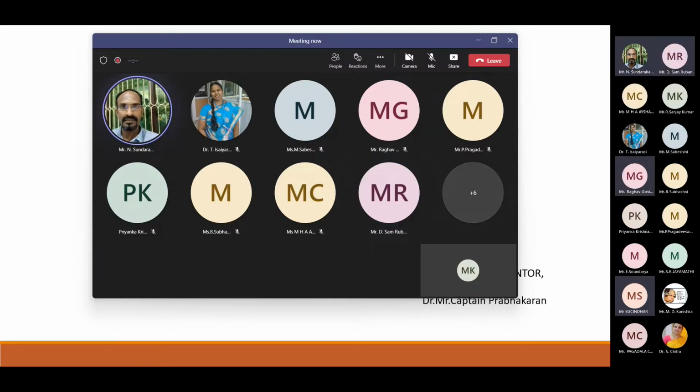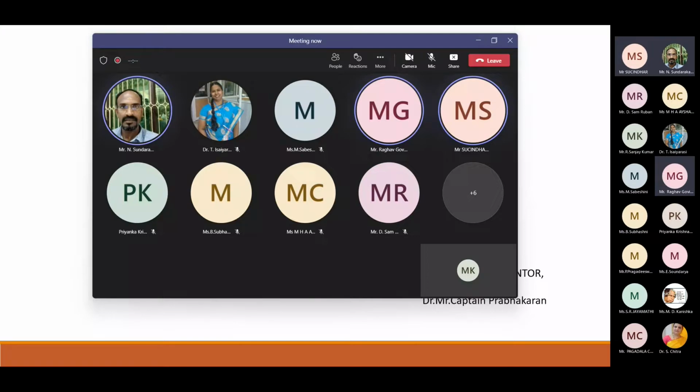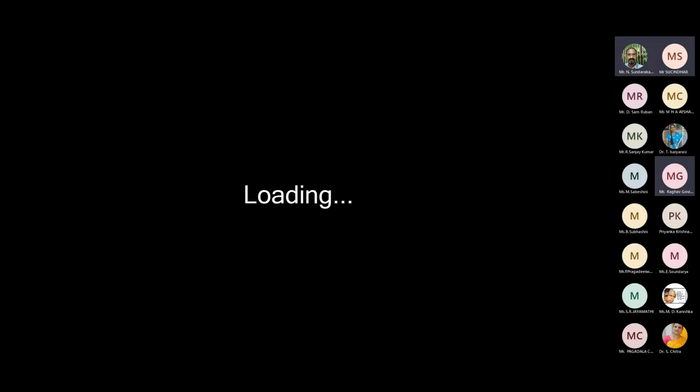Okay, so now Raghav, Sarath, and Susinder team, you can start your presentation. Also, students, please keep to the time constraint. At any time I may insist you stop the presentation, so constrain yourself and present within the time limit.